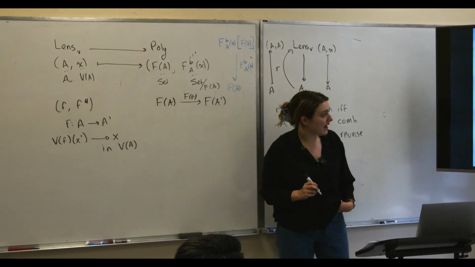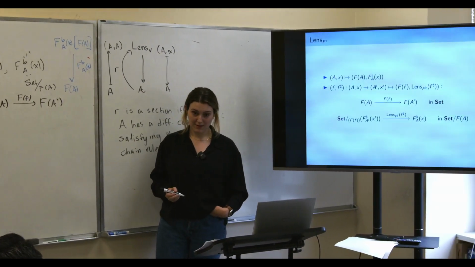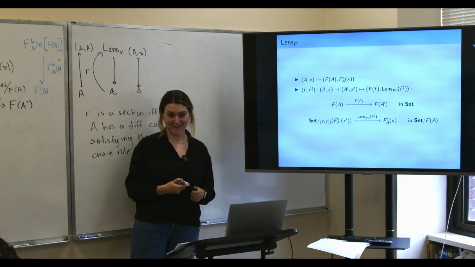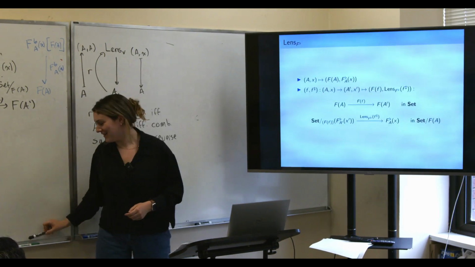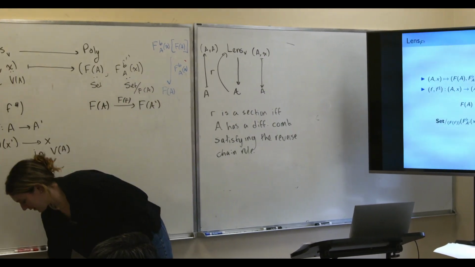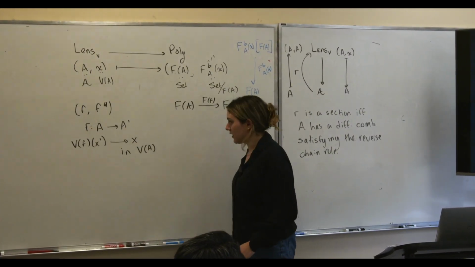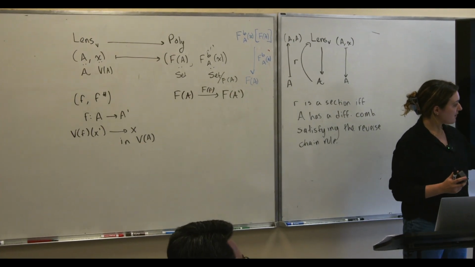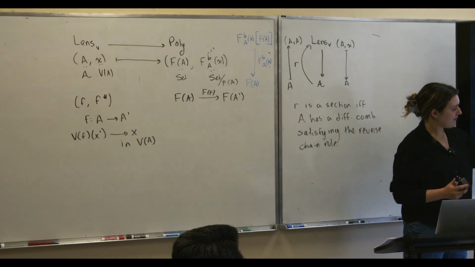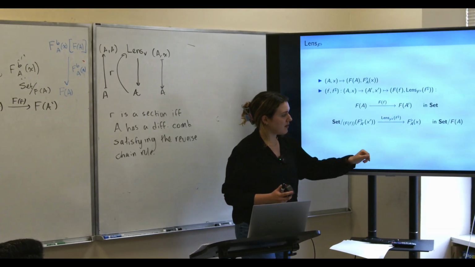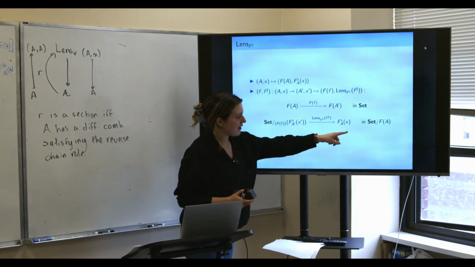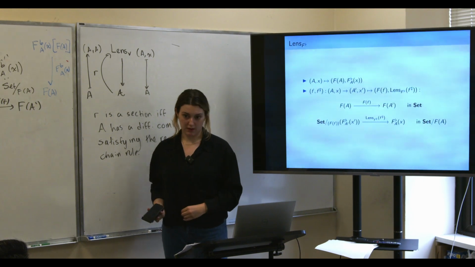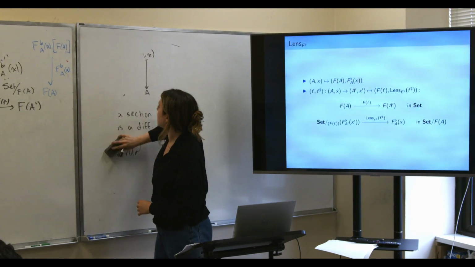And then for Lens F flat of f sharp, I promise that once you get into examples, this becomes less soupy, it is going to be given by the following expression. We're going to take the set function, Set sliced over F of f, F flat A prime of X prime to F flat of AX in Set sliced over F of A. So we should expect that this is a commutative triangle because it's an arrow in Set sliced over F of A.